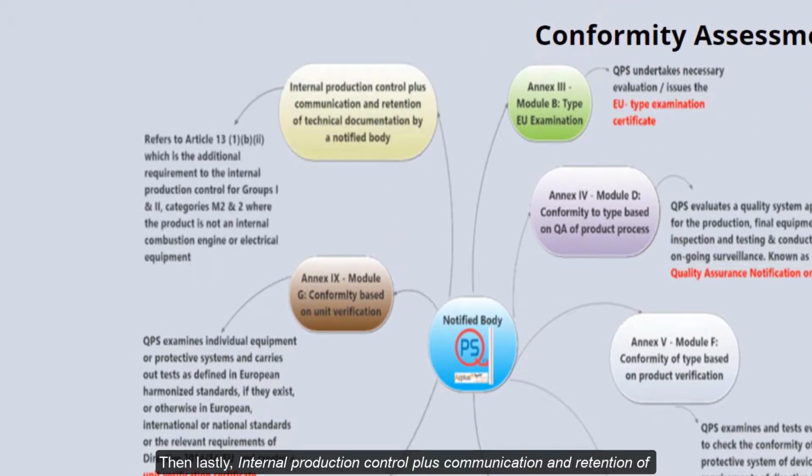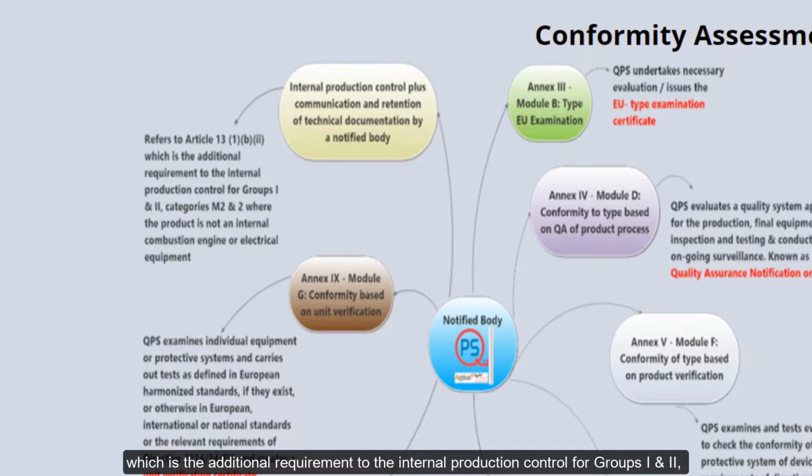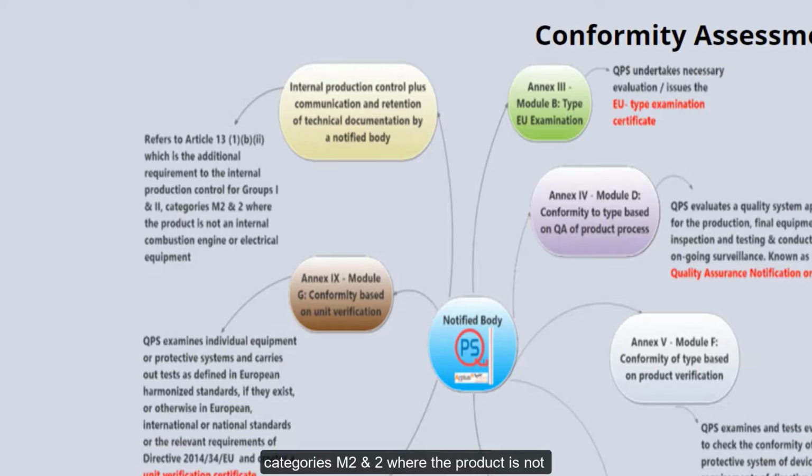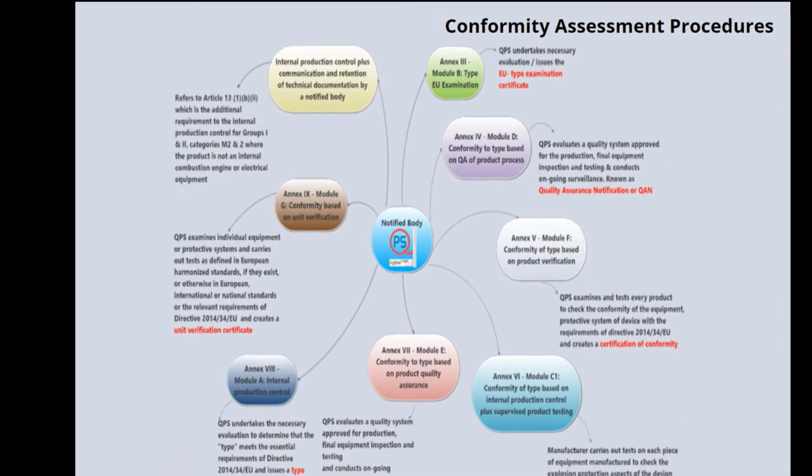Then lastly, internal production control plus communication and retention of technical documentation by a notified body. This refers to Article 13(1)(b)(2), which is the additional requirements to the internal production control for Groups 1 and 2, categories M2 and 2, where the product is not an internal combustion engine or electrical equipment.